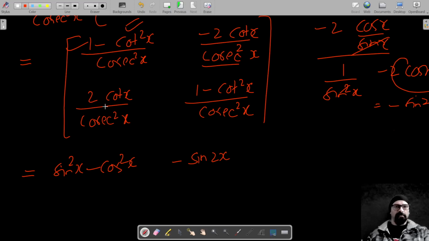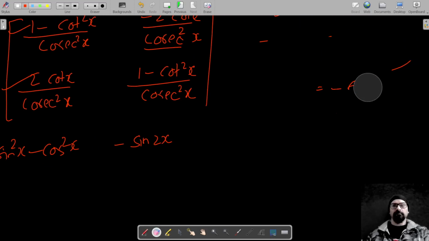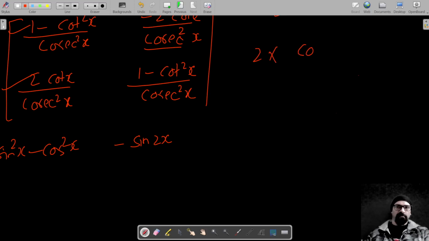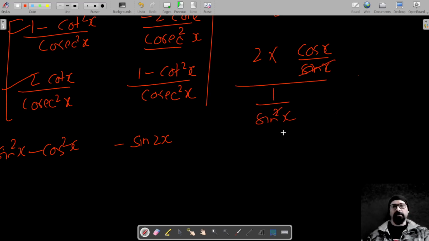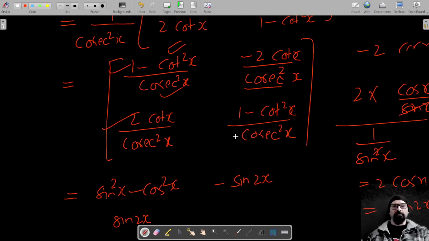Okay, for this one, this is cot x. Cot x is cos x by sine x. Cosecant square is 1 by sine square x. This gets cancelled. So this is once again 2 cos x into sine x, and 2 cos x into sine x is sine 2x.